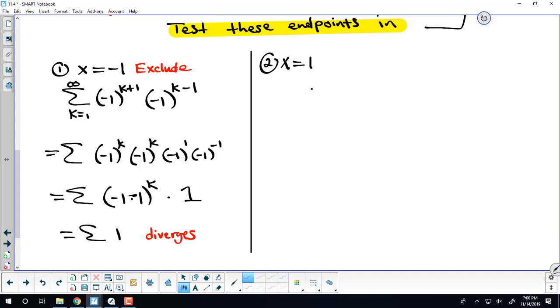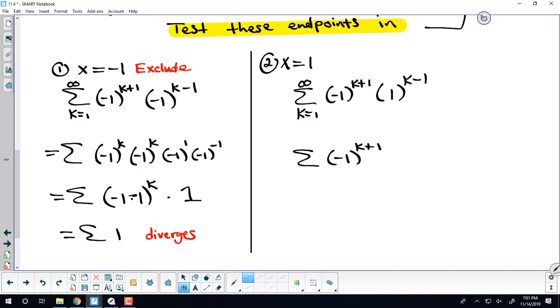In the same series, we have 1 to the k minus 1, that's always 1. We just have the series that alternates 1, -1, 1, -1.